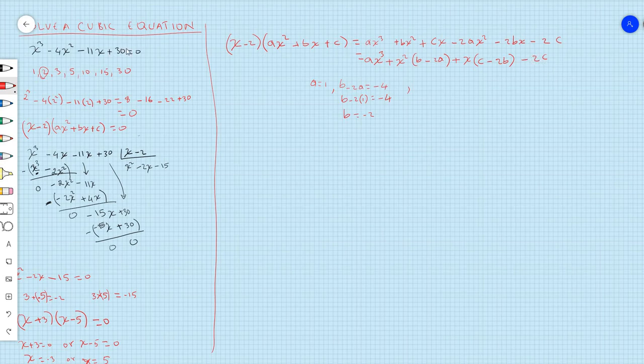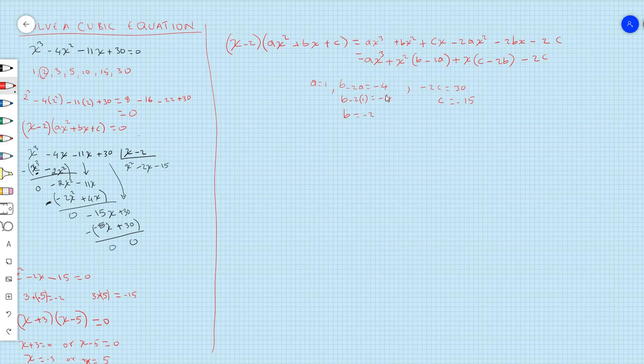-2c equals +30. So -2c equals 30. So that means our c equals what? -15, right? So we have all our values here, and we can replace all these values in the quadratic equation there.